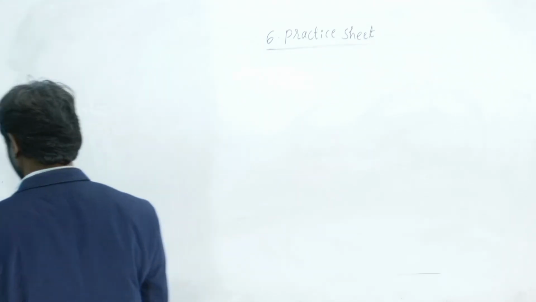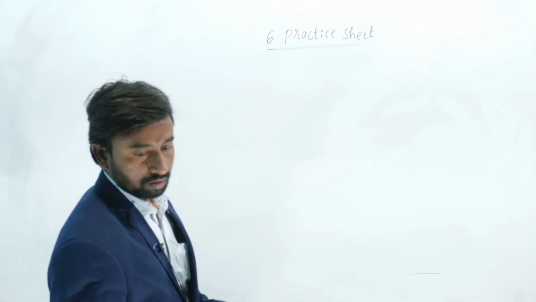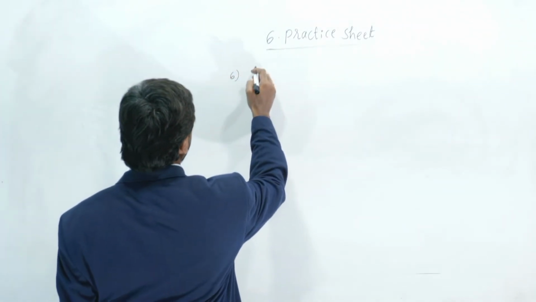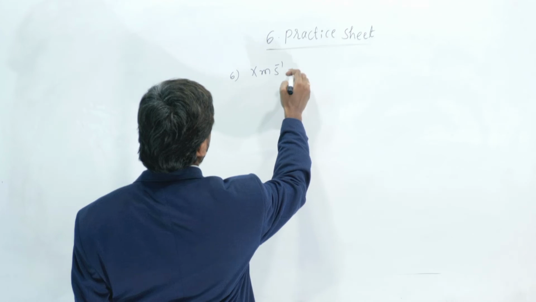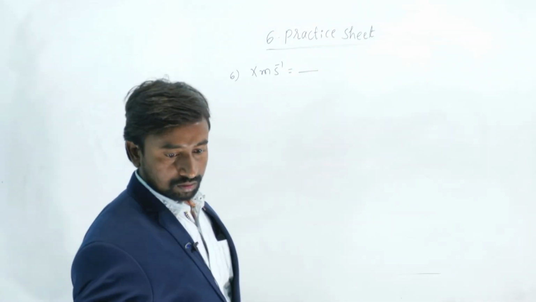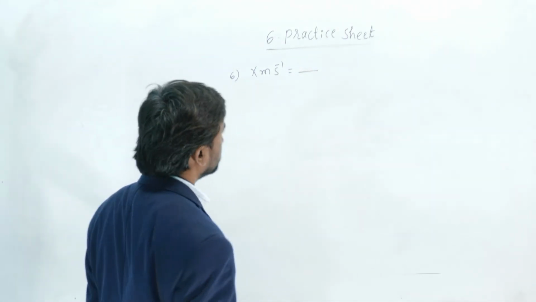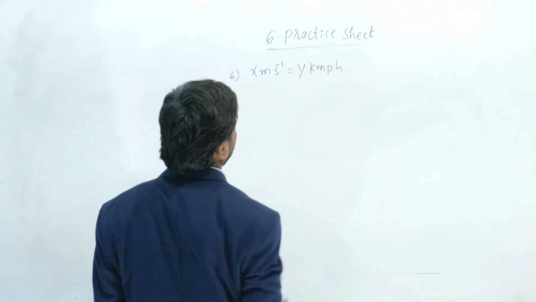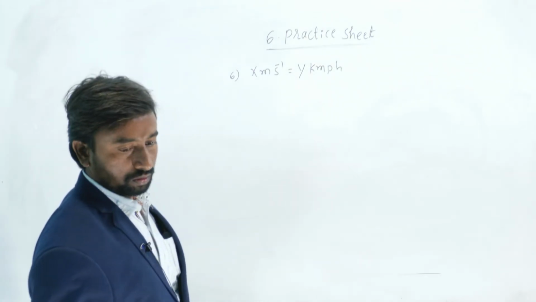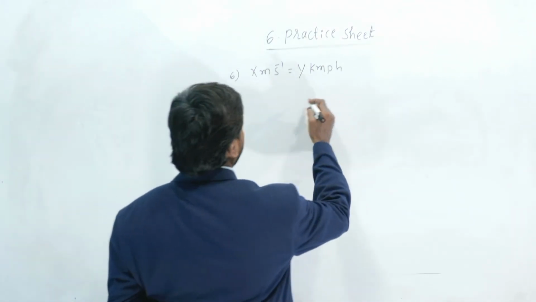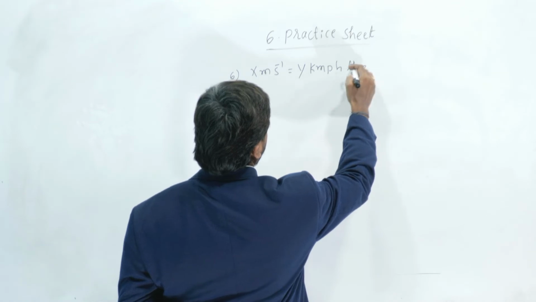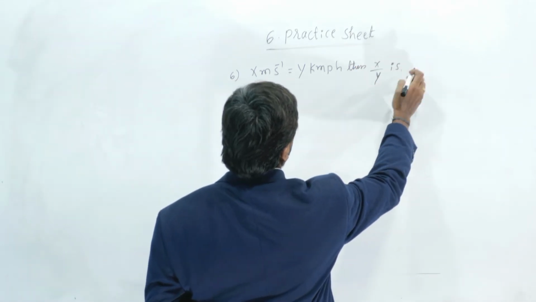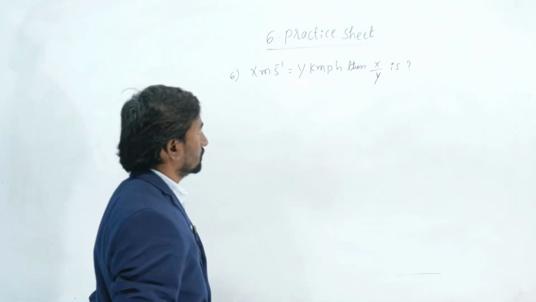Here the question is given: x kilometer per hour, x meter per second is equal to dash, is equal to y kilometer per hour. Then x by y is the question mark.